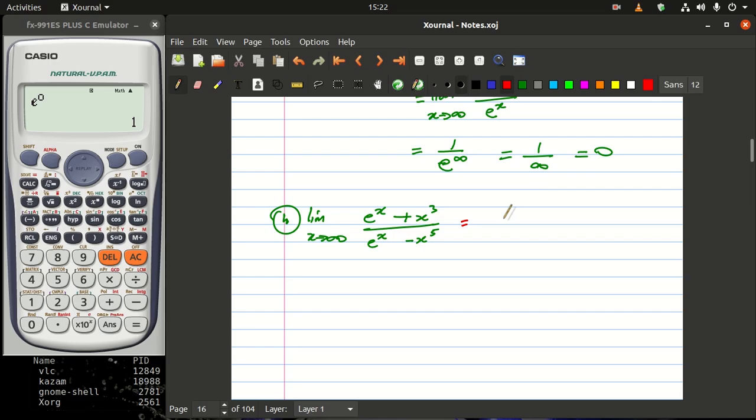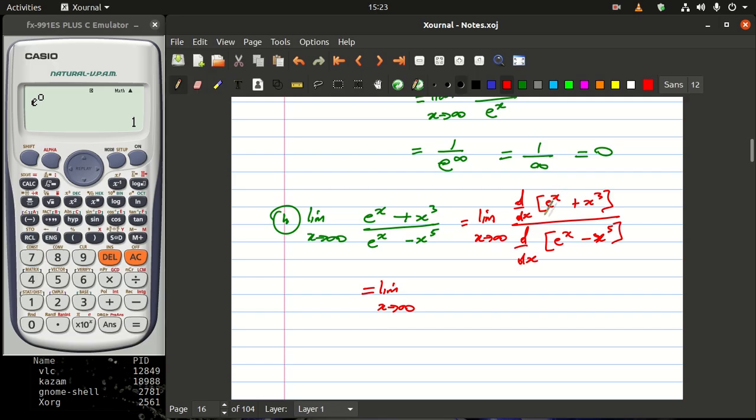That is why we can use L'Hopital's rule and say the limit as x approaches infinity of the derivative with respect to x of e to the power x plus x cubed, and then you divide this whole thing by the derivative with respect to x of e to the power x minus x to the power 5. And if you continue in this particular fashion, you will get the limit as x approaches infinity.